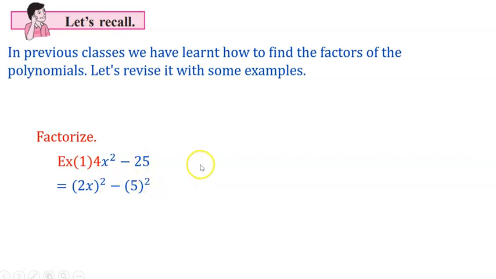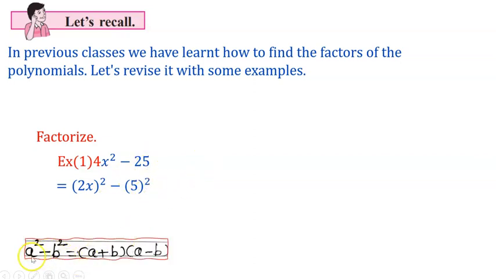We'll factorize this using the formula a square minus b square equals, in the first bracket a plus b, in the second bracket a minus b. Similarly, in this case, in the first bracket there will be 2x plus 5 and in the second bracket 2x minus 5. These are the factors of 4x square minus 25.